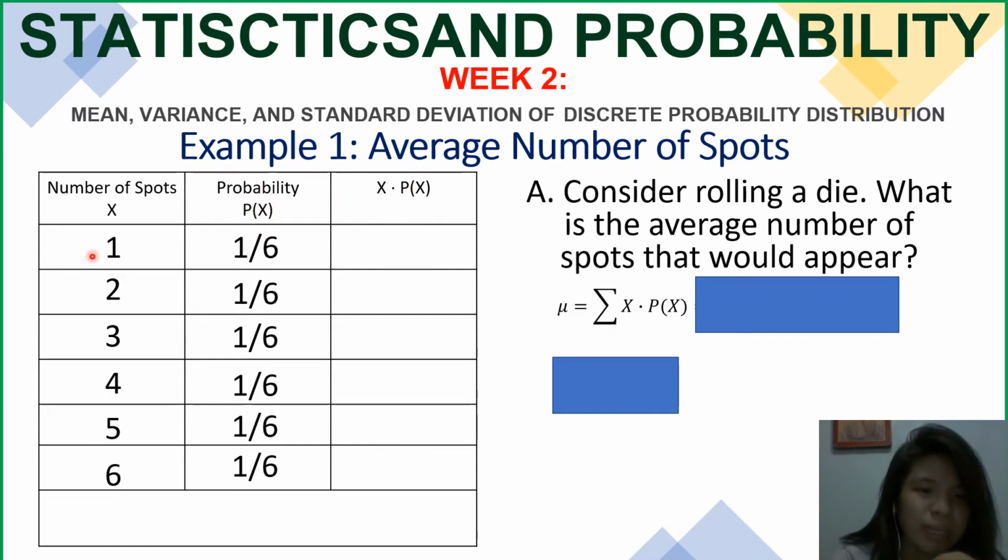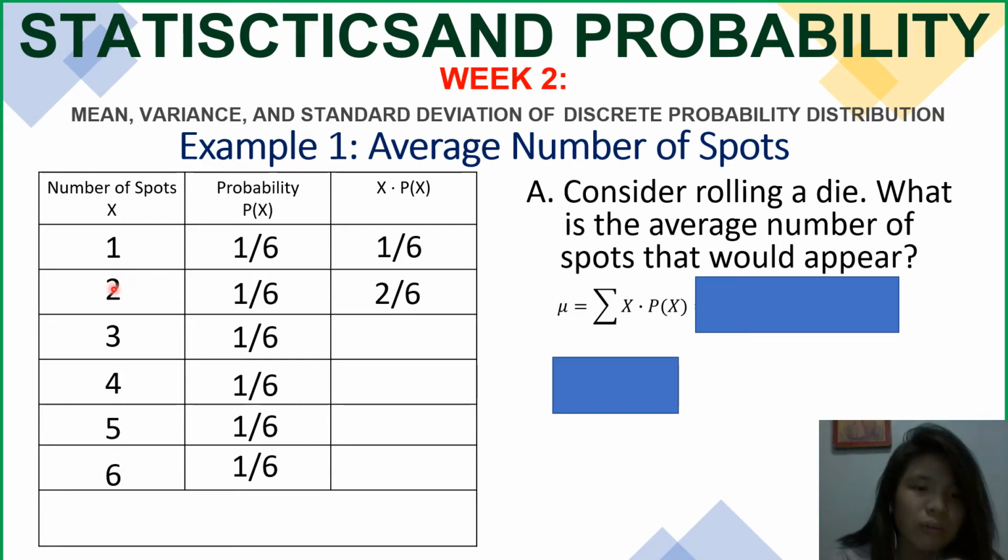So, just multiply this and this. So, 1 multiplied by 1 over 6 is 1 over 6. 2 multiplied by 1 over 6 is 2 over 6. So that is multiply numerator by numerator and denominator by denominator.